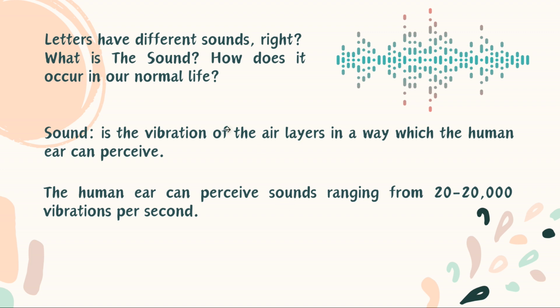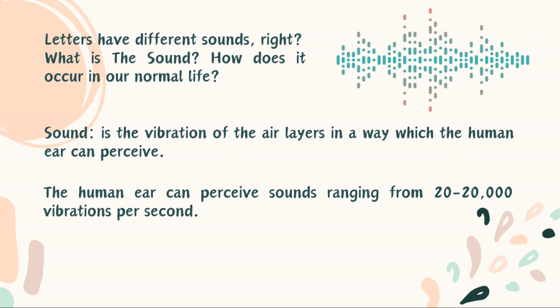First of all, the sound is the vibration of the air layers in a way which the human ear can perceive. So the sound is something that causes the vibration of the air layers in a way that our ear is designed to perceive it, to hear it.